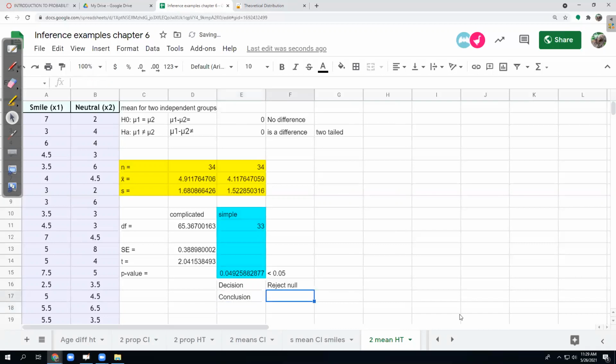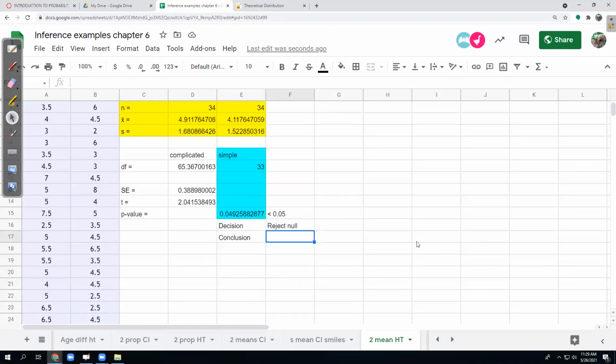All right, so what's the conclusion? This is barely significant, but we're going to say it is. It's slightly under 5%. So the conclusion is in plain language. A spreadsheet is not a word processor, so when I start typing here, it gets all weird. I've mentioned this to some of you, it's not worth writing in a spreadsheet.